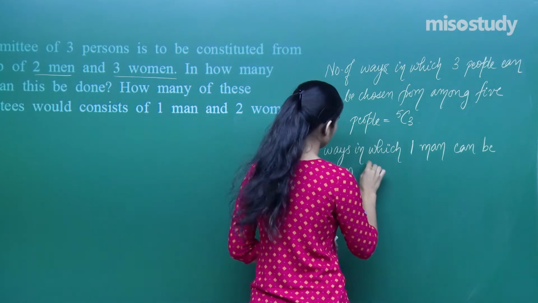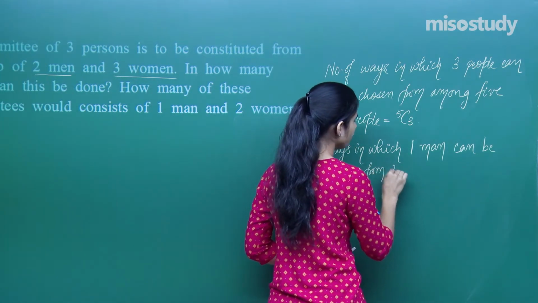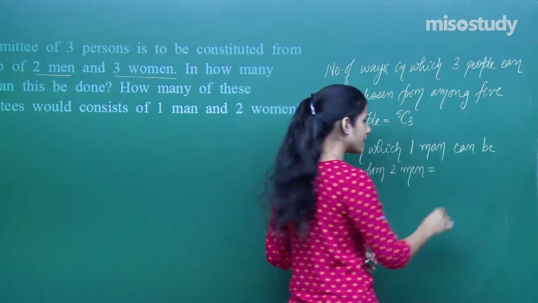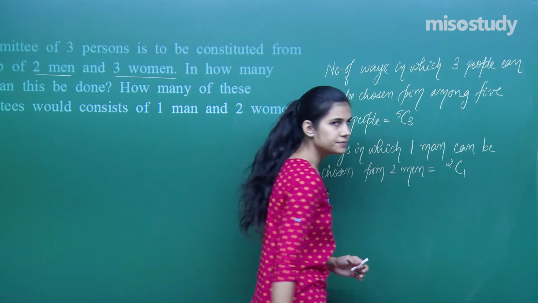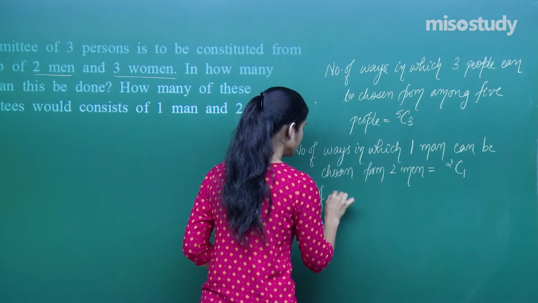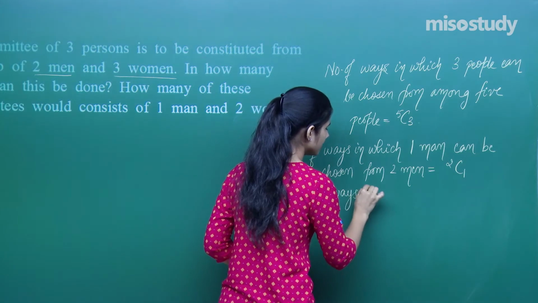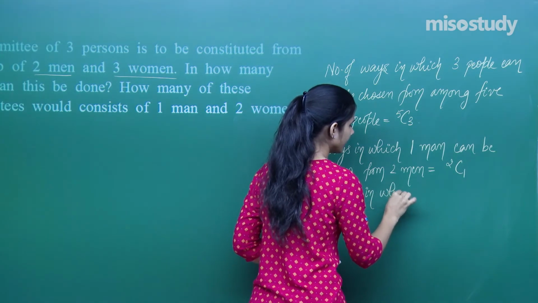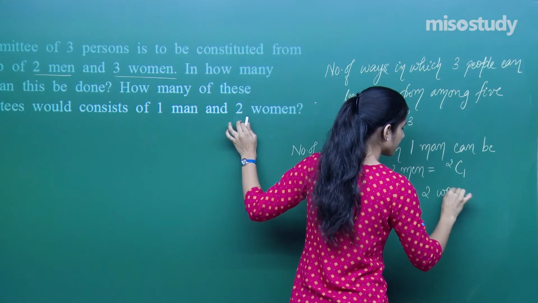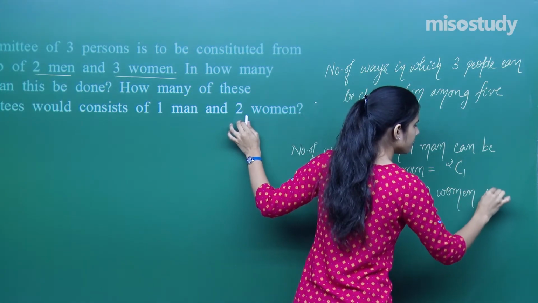You have 2 men. From among 2 men, you can choose 1 man from 2 available men in 2C1 ways, and the number of ways in which 2 women can be chosen.